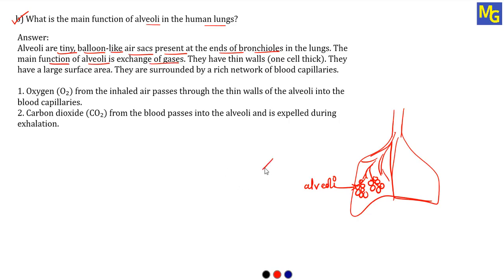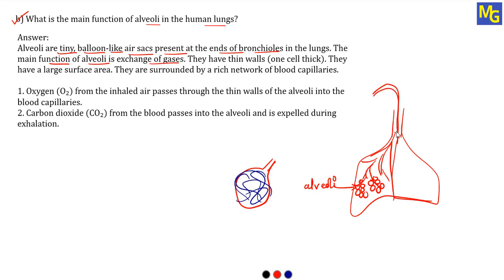So if you imagine, if I draw one alveolus here, it will have blood capillaries everywhere. So whatever gas we inhale, the air will go inside.